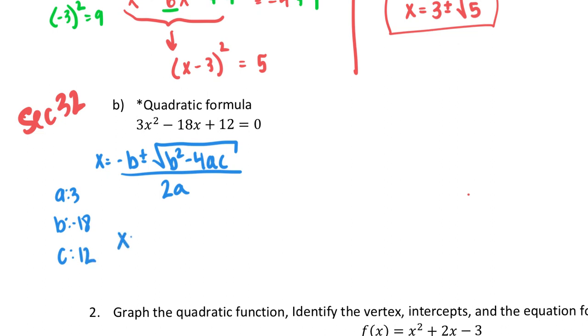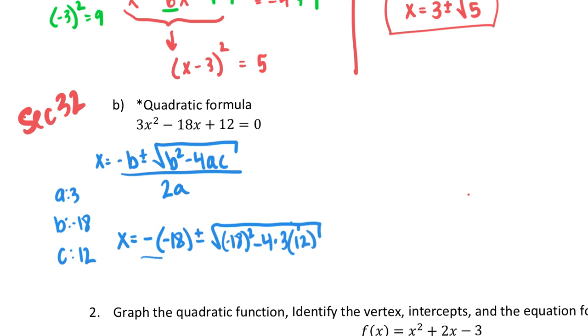So let's plug those pieces into our quadratic equation. So we have negative b, our b is negative 18, plus or minus the square root of b squared, so negative 18 squared, minus 4 times our a times our c, all of that over 2 times our a.